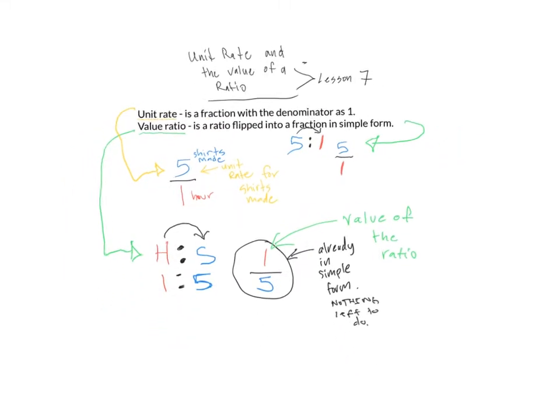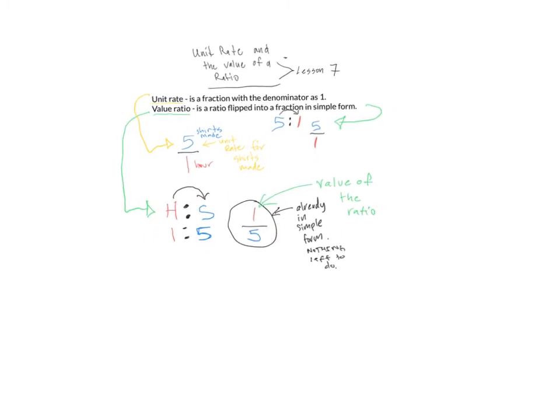Now, what happens if we have the same description here: hours to shirts made, and the hours increase to 3 hours, and the shirts were 15, because what we do to one side, we have to do to the other.